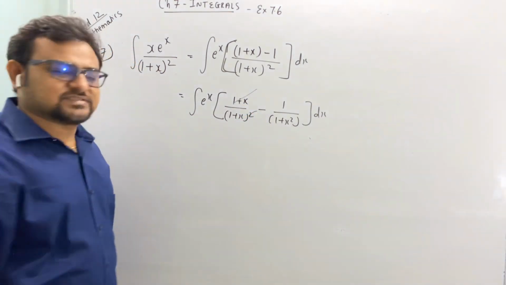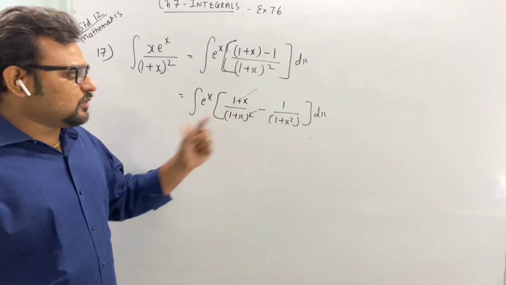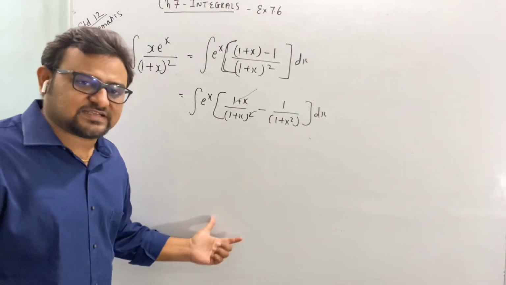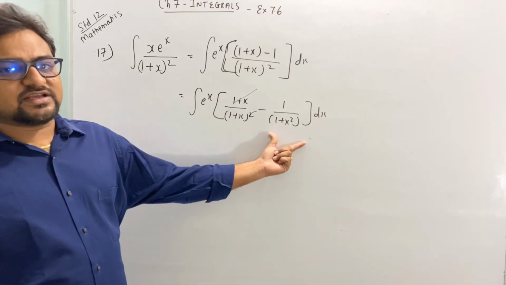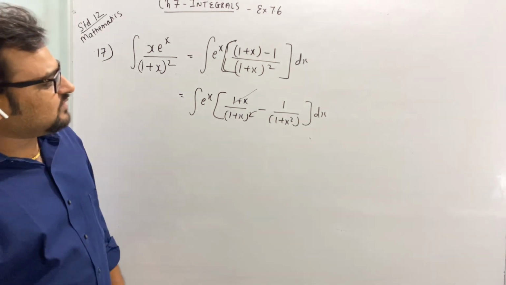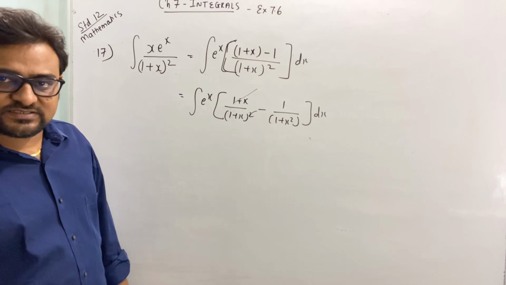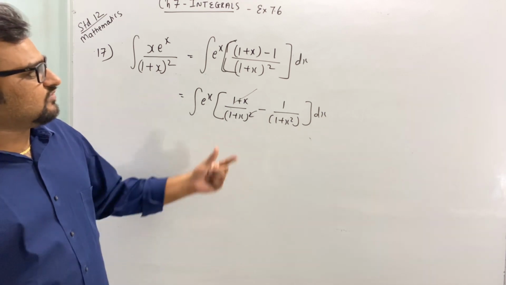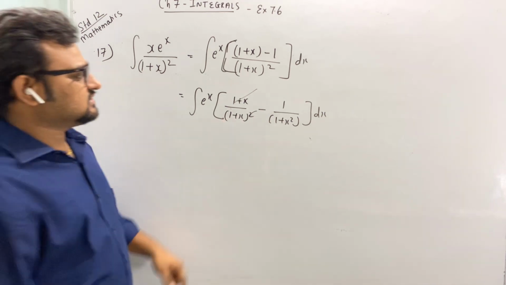So this will get cancelled. Okay. Now 1 upon 1 plus x, now one is f(x), another is f'(x). What will happen if we take the derivative of 1 upon 1 plus x?